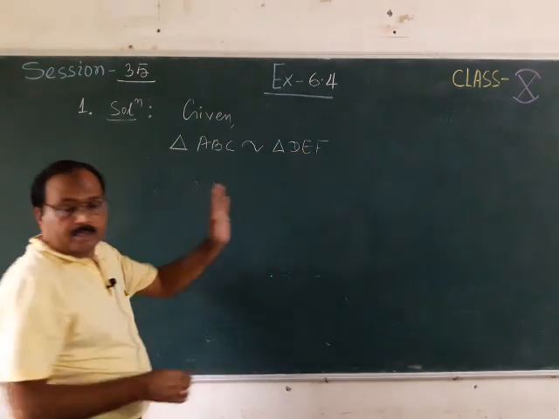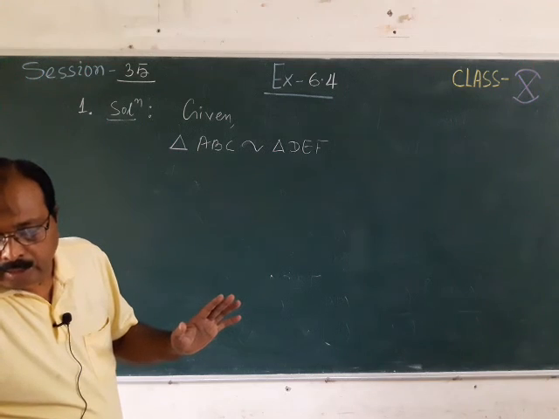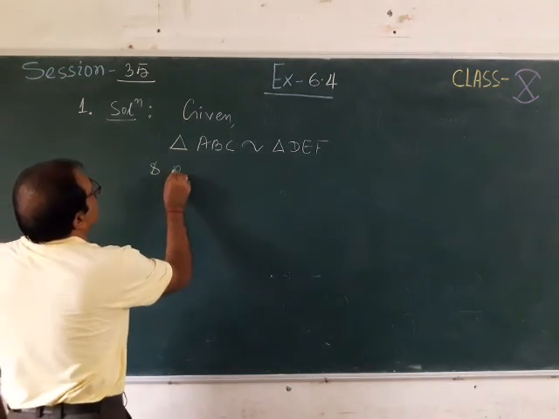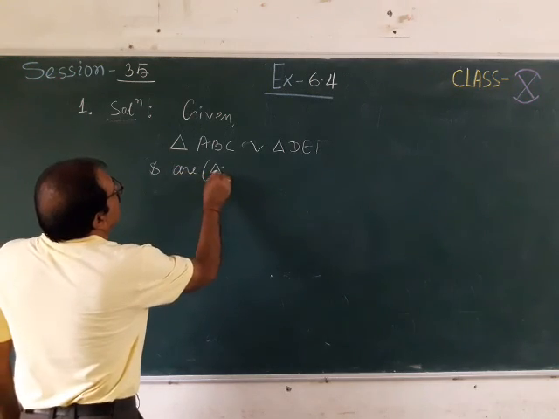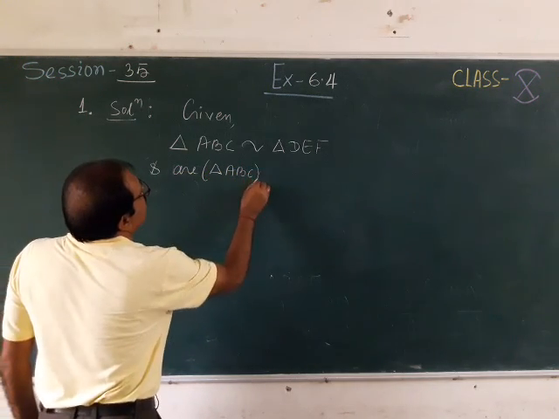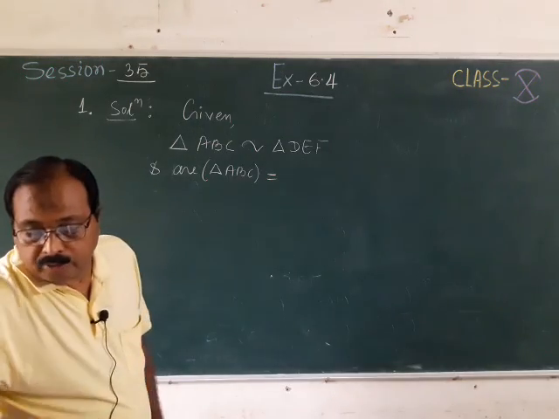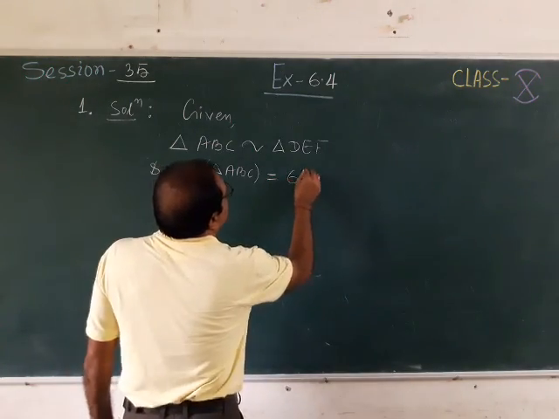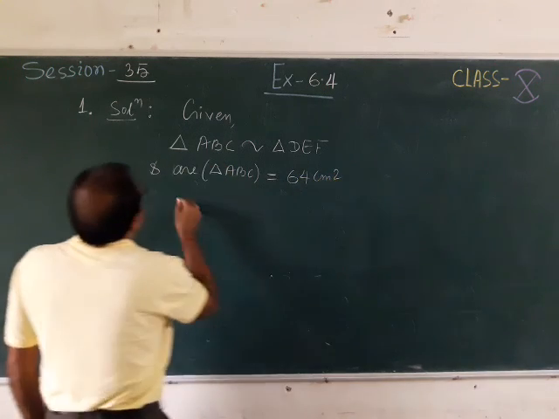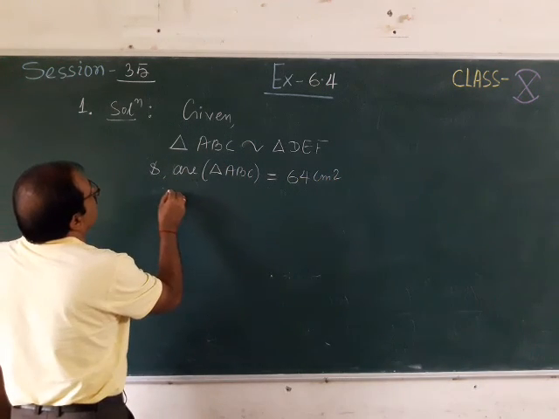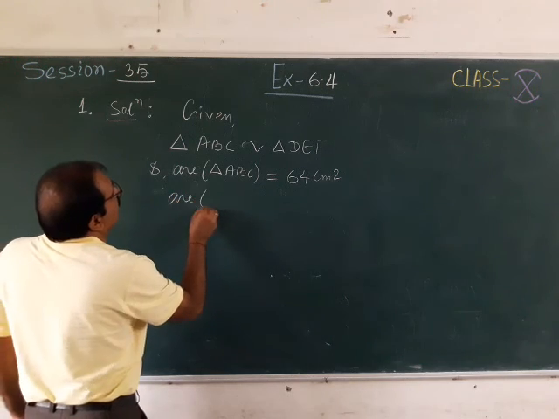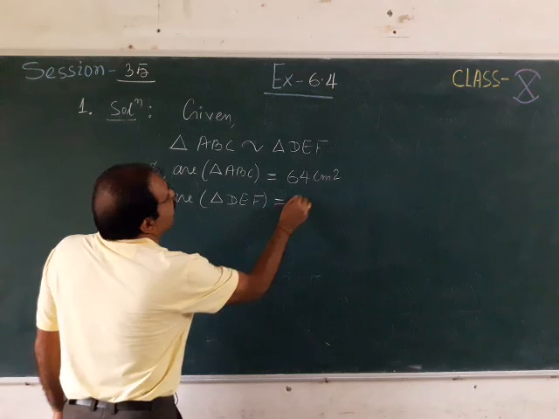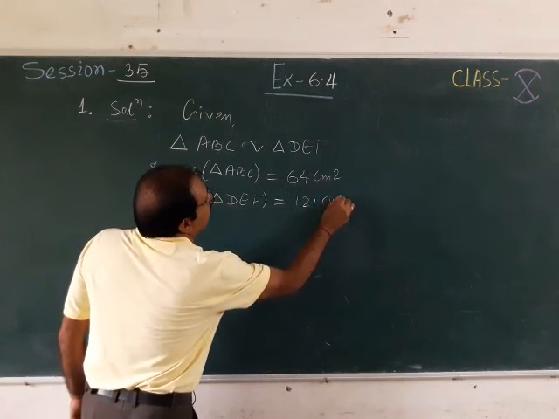This is the first given thing, and their areas are also given: area of triangle ABC is 64 cm square, and area of triangle DEF is 121 cm square.